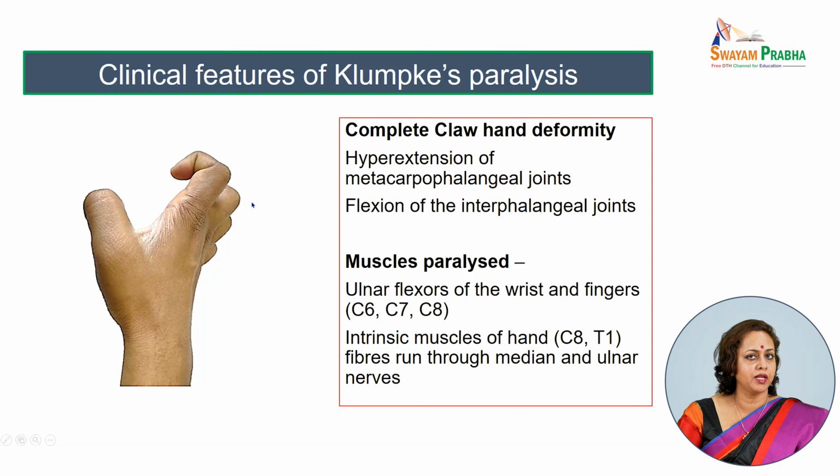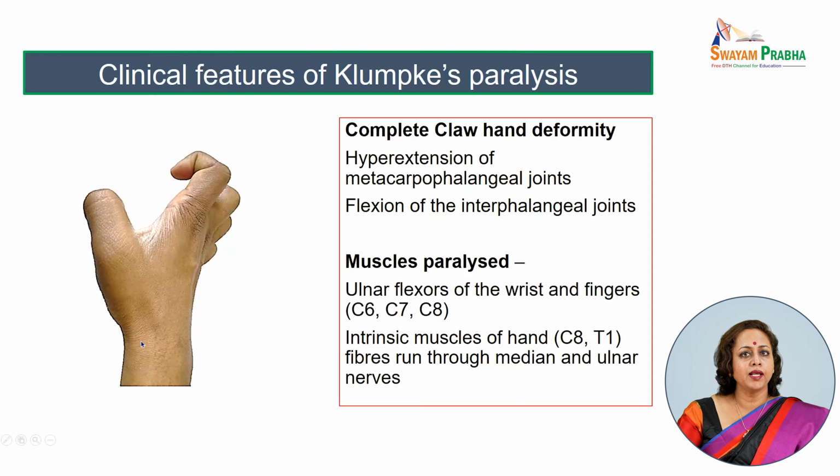There are two interphalangeal joints, the proximal interphalangeal and the distal interphalangeal. So what is the deformity you get in true claw hand? Hyperextension of the metacarpophalangeal joints and flexion of the interphalangeal joints, both the interphalangeal joints of the digits. Which are the muscles that are paralyzed?